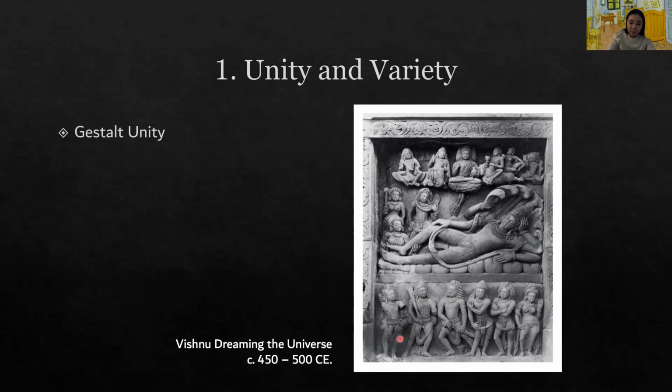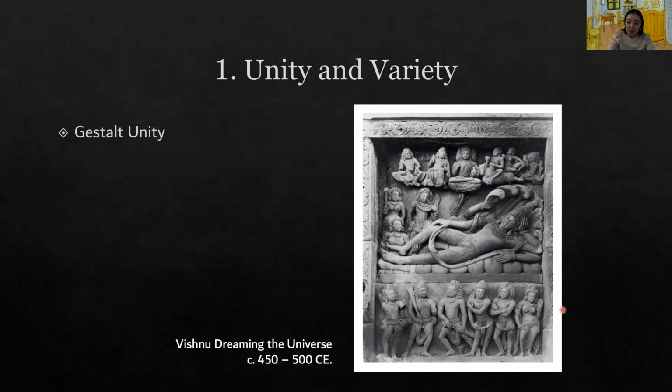So this is Vishnu Dreaming the Universe, a relief panel from a Temple of Vishnu in India. We can discover the many faces of Gestalt. Lots of similar faces here.